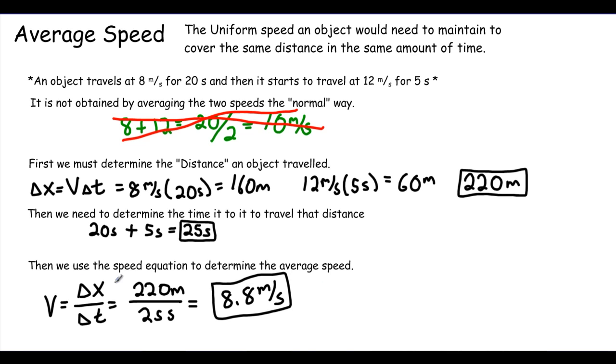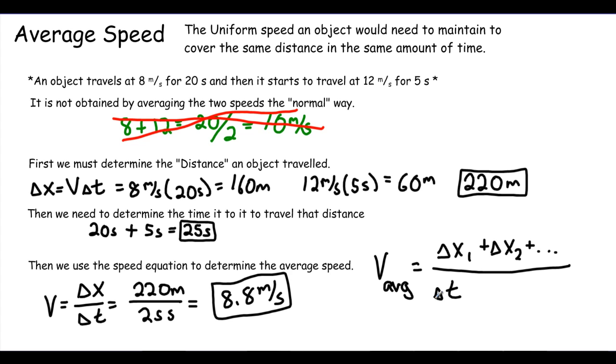Now, we can simplify this, so instead of doing it in 3 steps, we can do it all in 1 step. And so I can say the average velocity equals the sum of all of my distances, so my delta x1 plus my delta x2 plus however many delta x's I have, and all of that divided by my delta t1 plus delta t2 plus all the time periods that I have.